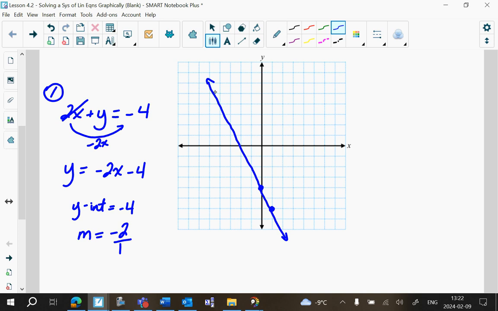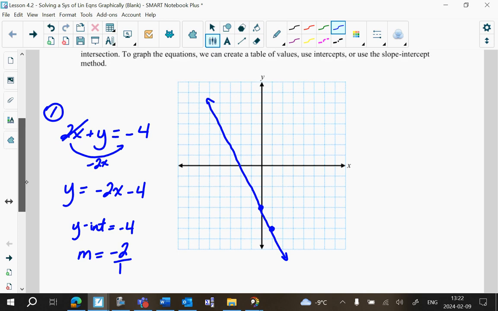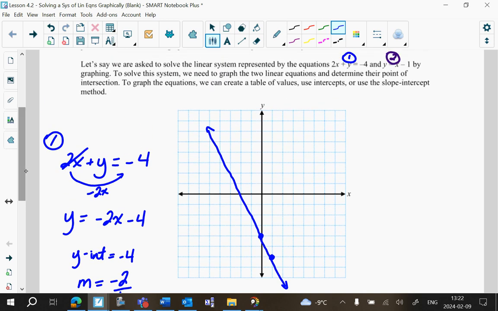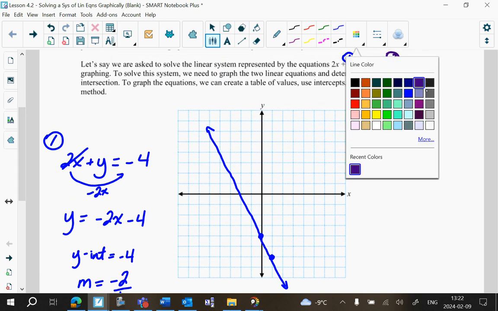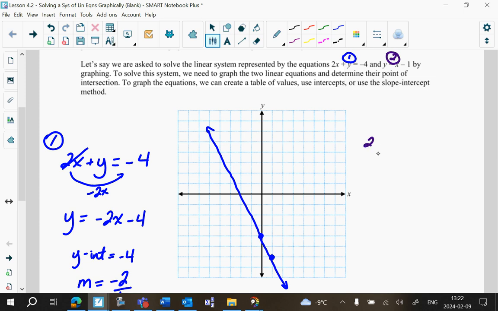How would you like to graph the second one? Table of values? I suppose. Is there something easier? Can't I just do slope-intercept again? You guys should get used to using slope-intercept. But table of values will still work. Okay.